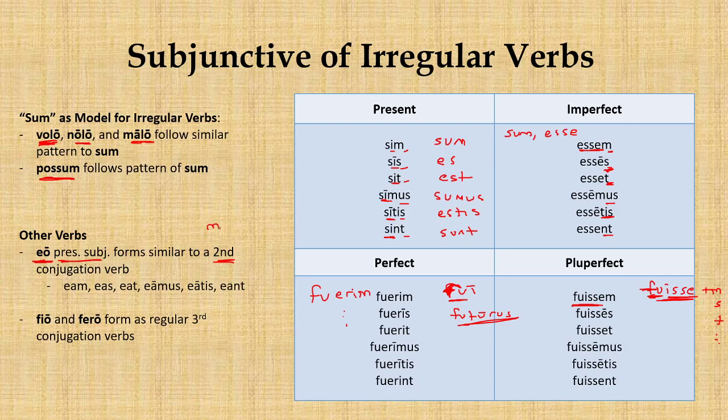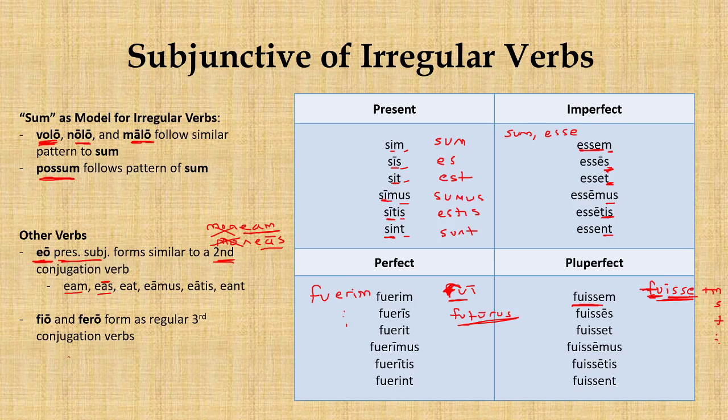So moneo, for example, moneam, moneas. It's essentially just that eam, eas form. You just chop off the actual verbal part, and the present subjunctive is just that ending itself. So hopefully that's helpful for learning that pattern as well.